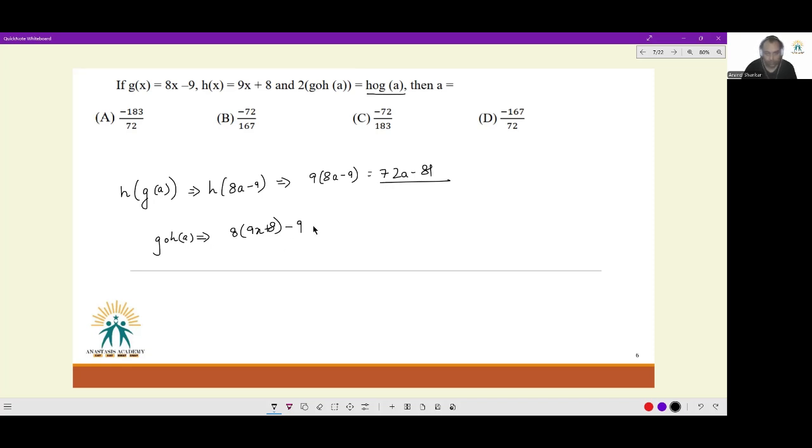Directly we can jump here, which will get us to 72a plus 64 minus 9, plus 55. Now we are told 2 times of this is equal to the other. So 2 times of this is 144a plus 110 is equal to 72.